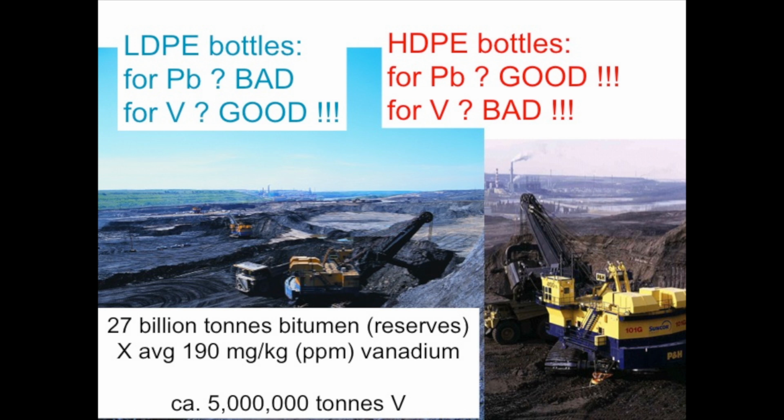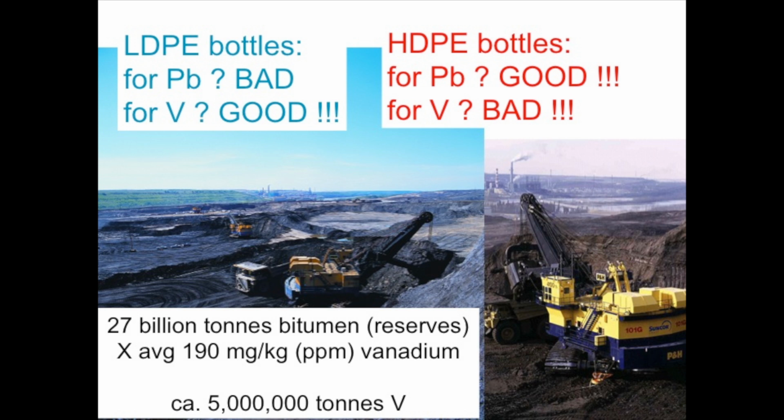So, environmental impacts of the oil sands development. Of course, there's lots of different impacts. Well, fascinating thing about the oil sands, 190 parts per million of vanadium on average. So a 27 billion ton reserve, there's 5 million tons of vanadium in the oil sands. That's equivalent to 10% of global reserves.